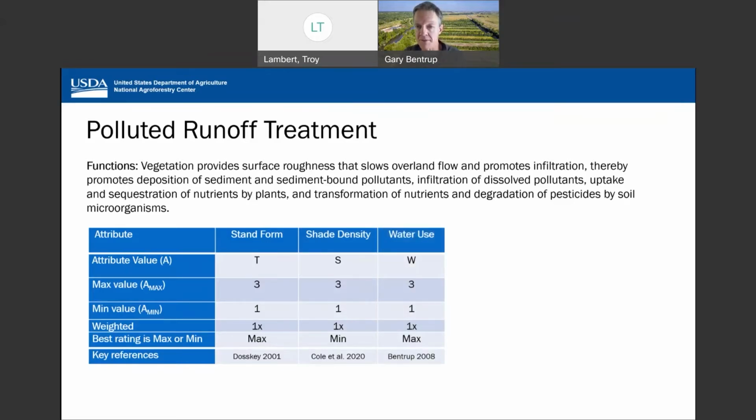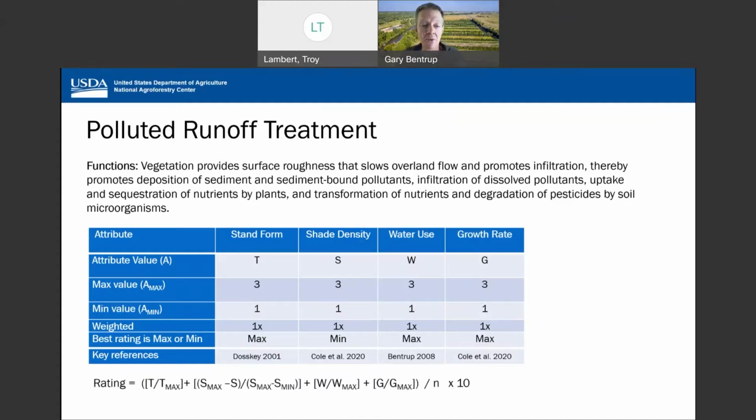This will help dry out the soil and encourage infiltration, as well as we want species that are fast growing. They will take up most nutrients at a higher rate and help sequester some of the pollutants and transformation. So these get transformed into a rating algorithm and it's normalized along a base 10 system.